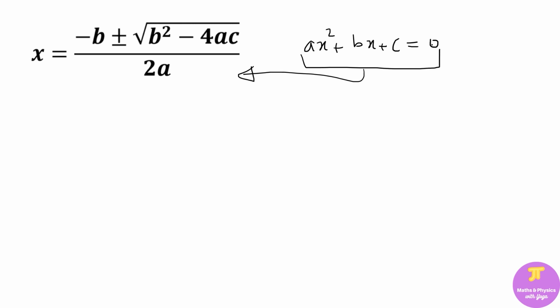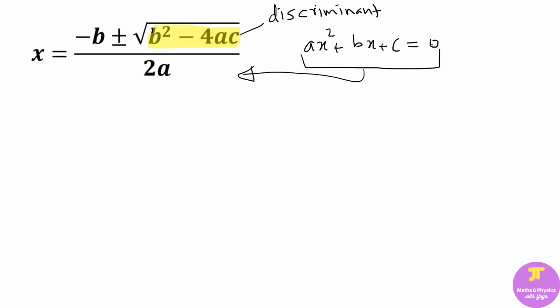So we have done quite a few questions on how to use this quadratic formula in the previous videos, but in this video we are going to look at a special term called the discriminant. If you look at the b squared minus 4ac in this quadratic formula, we call this the discriminant.